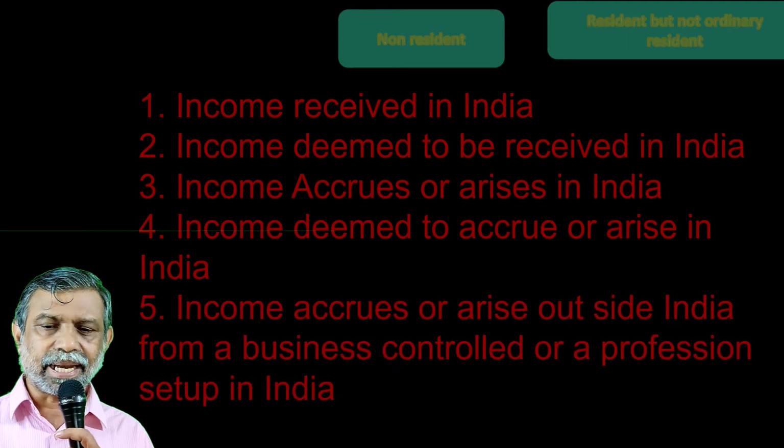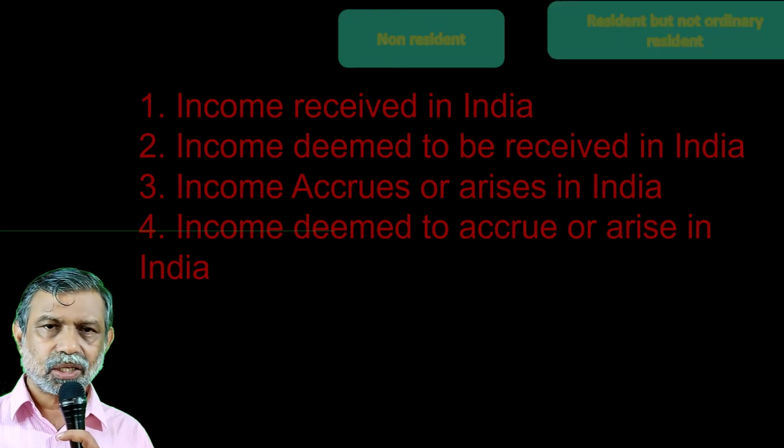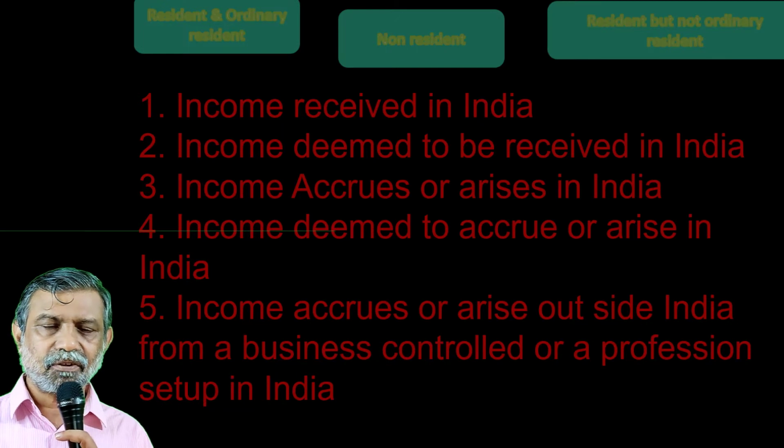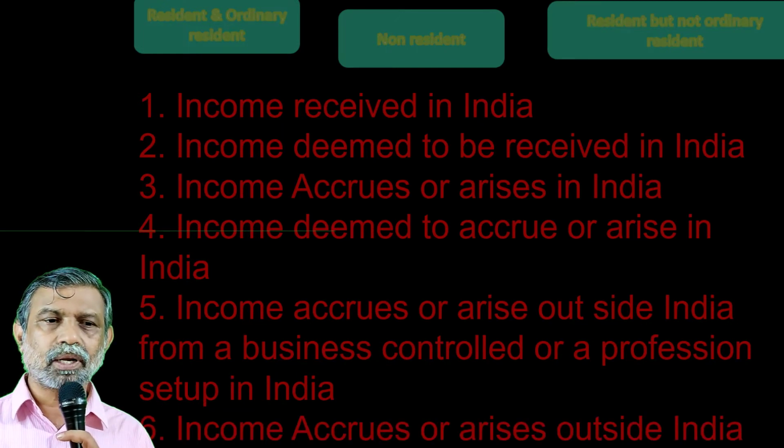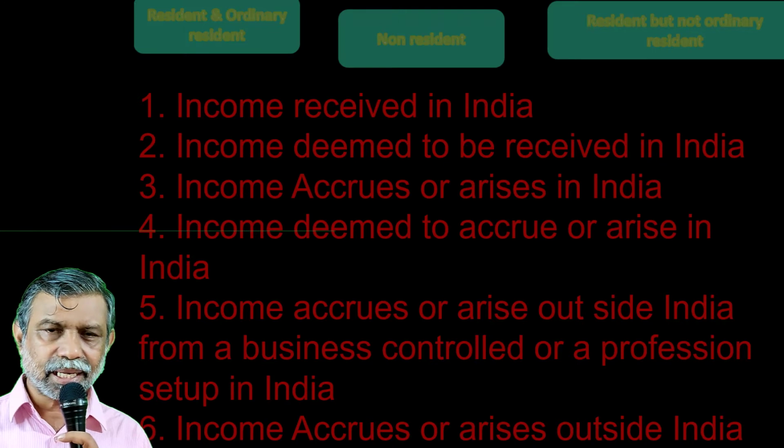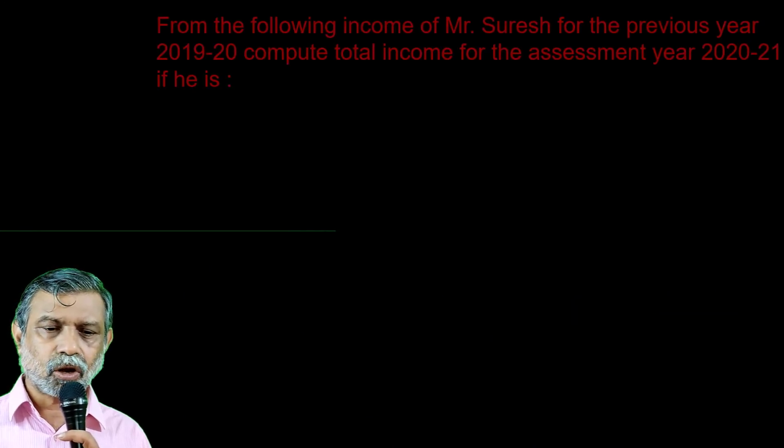If you are a resident and ordinary resident, one more income comes: income accrues or arises outside India, thereby world income will be put to tax. With this in mind, we will be able to solve problems.